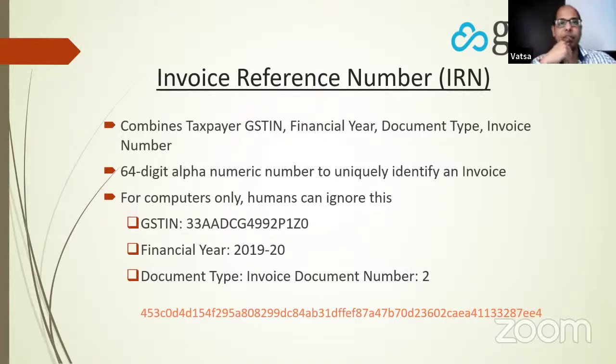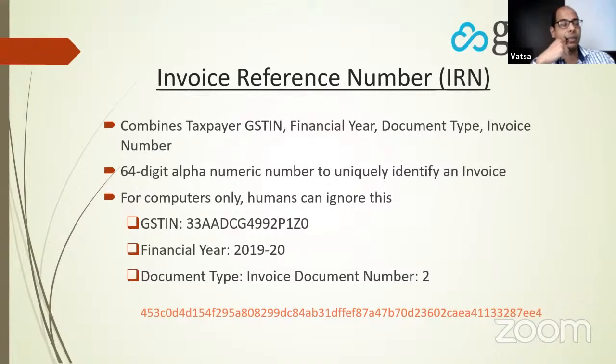It starts with 45, 453, C0 and ends with EE4. So this is a very long text. You should be able to see this. And frankly, practically, this is not meant for human beings. Nobody is going to read this. Nobody is going to see this and type it anywhere. Maybe you copy paste it somewhere to check, but this is mainly for machines.